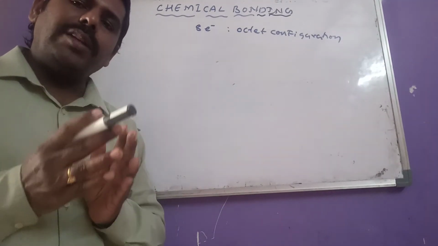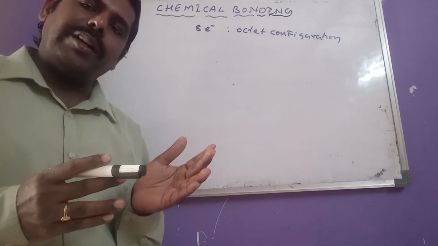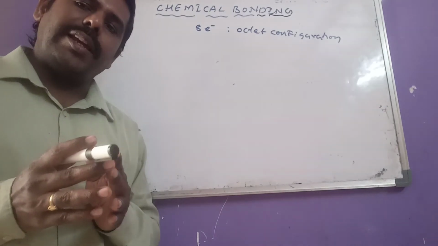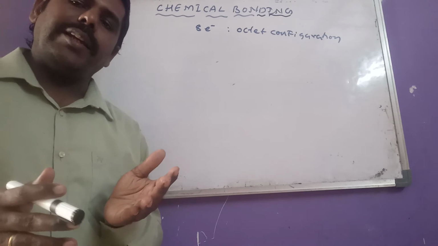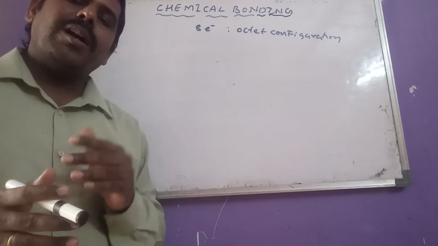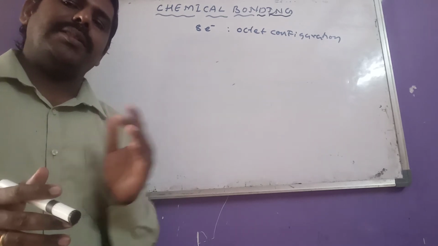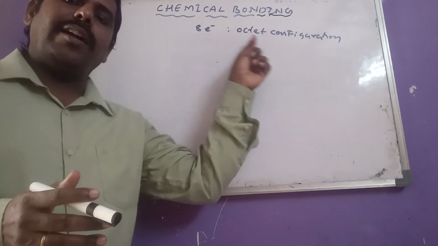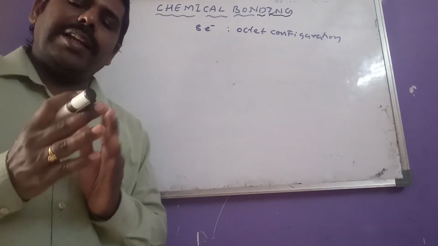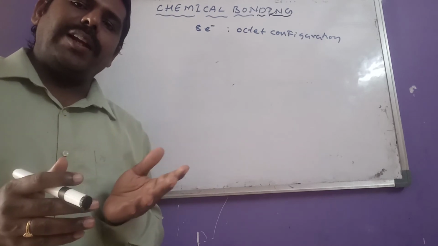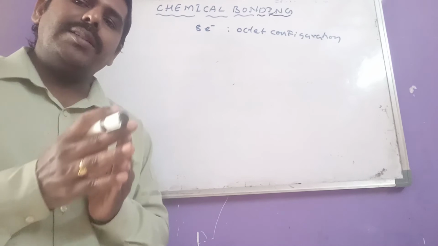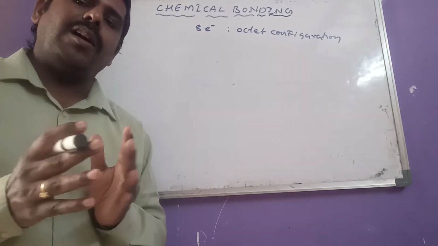Now how will they get into this octet configuration? No problem. What is the process here? Either by losing, gaining, or sharing electrons, all atoms try to get into octet configuration. In that transfer or sharing of electrons, some bonds are formed between atoms.